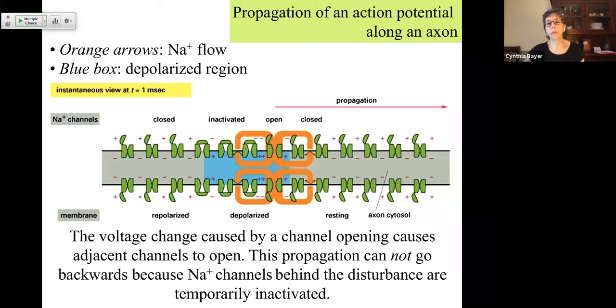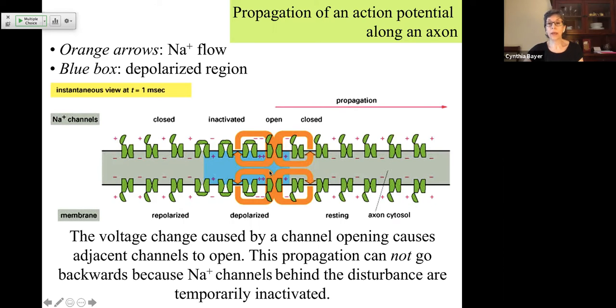All right, so we have this wave, and the previously open sodium ion channel and the movement of those ions are the stimulus that cause the next closed sodium ion channel to pop open.